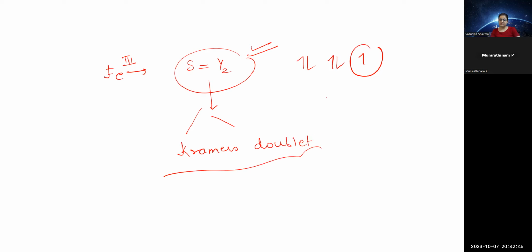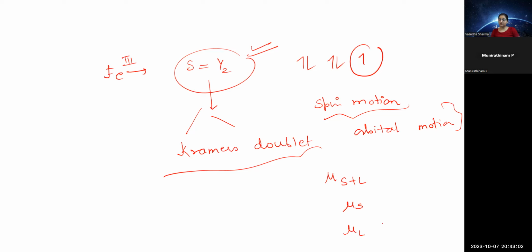Spin motion is there, but along with that, orbital motion will also happen. As a combination, you might have heard about the magnetic moment, S plus L, the spin value and the angular orbital value. When both spin and orbital motion start coupling together, there would be some changes, and therefore the Kramers doublet will appear.